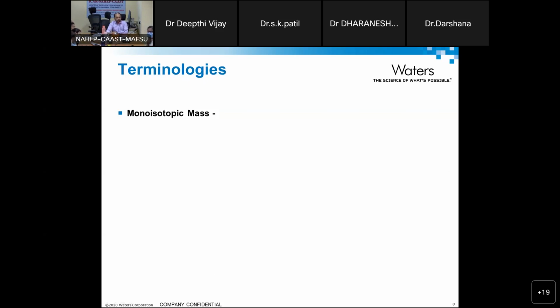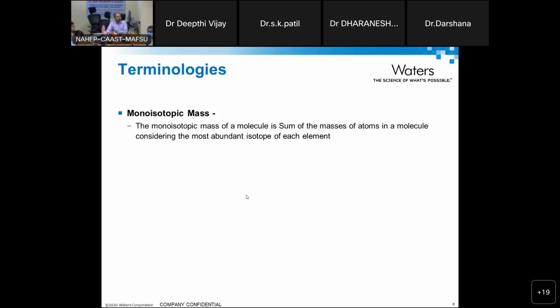Then these are very important terminologies again when you especially work on the mass spectrometers. So the first is monoisotopic mass. The monoisotopic mass of a molecule is the sum of masses of atoms in a molecule, considering the most abundant isotope of each element. Okay, so for example, we all know carbon has two isotopes, carbon 12 and carbon 13, right?